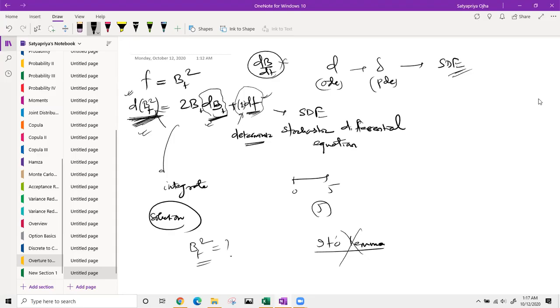As long as you remember Taylor series expansion properly, that will be sufficient. It's just a couple of steps. Every time we have to replace this quantity with dt, and just do a Taylor series expansion. So we'll see that. Let's not do it today. As long as you're comfortable with Taylor series expansion, there is nothing so difficult about it. You do not have to remember Ito's lemma. It's a consequence of Taylor series expansion.